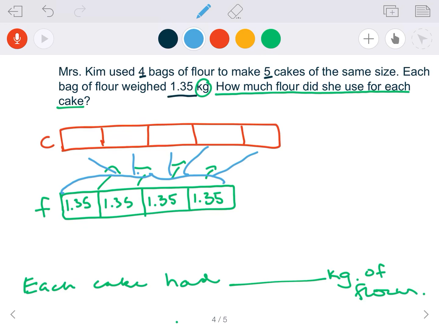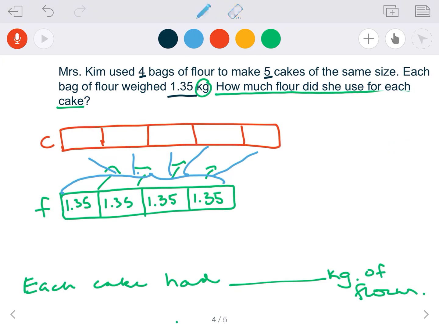And if you could hold this upside down, maybe you would see that, ooh, all of that flour has to be divided up into the 5 cakes like this. And that might look like a number bond to you. We have our whole with our flour, and then we have all of these parts for the cake. So I'm going to quickly erase this so I have some room to work.